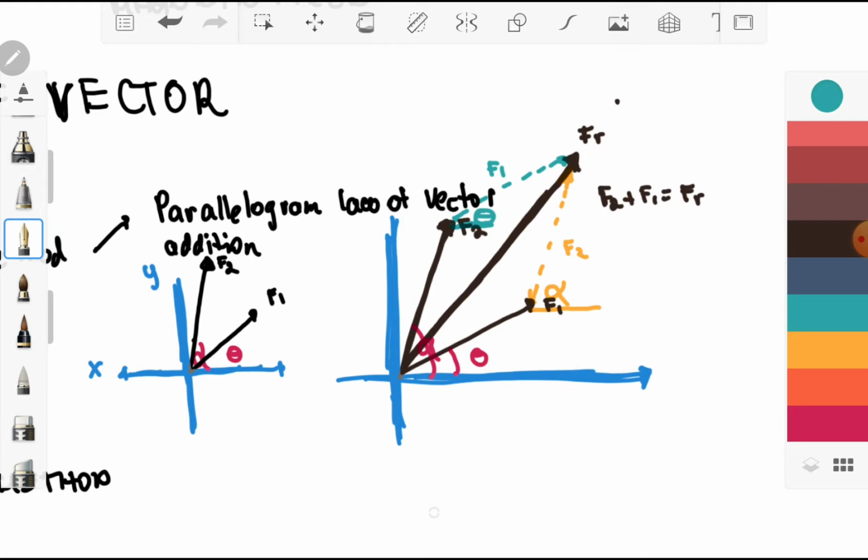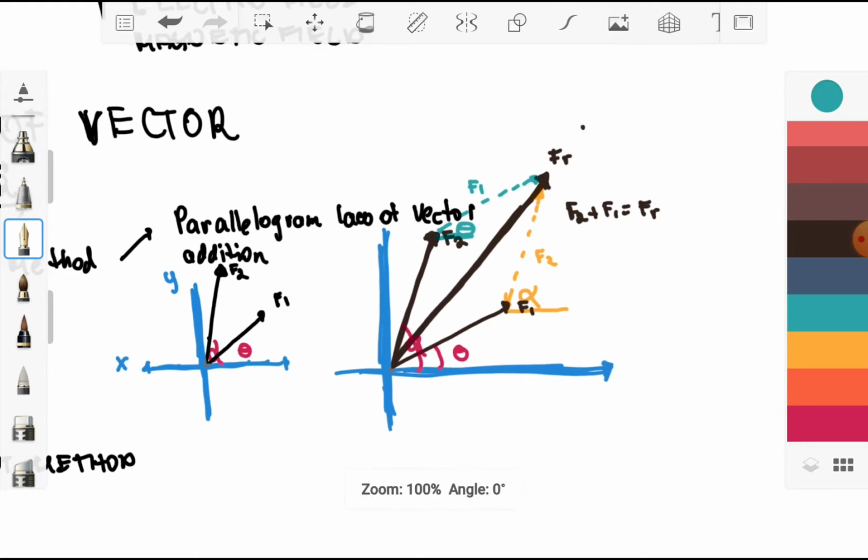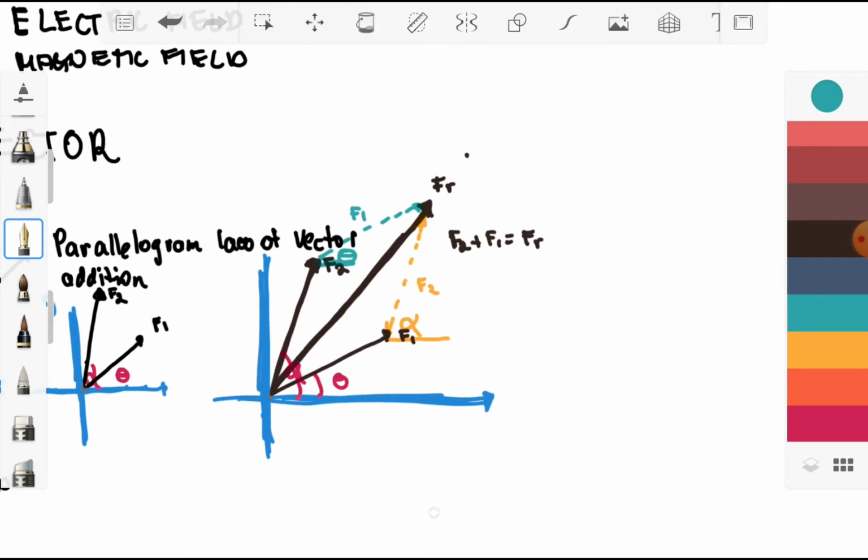So how will we solve for FR? We can solve for FR through the analysis of triangles, using cosine and sine laws.